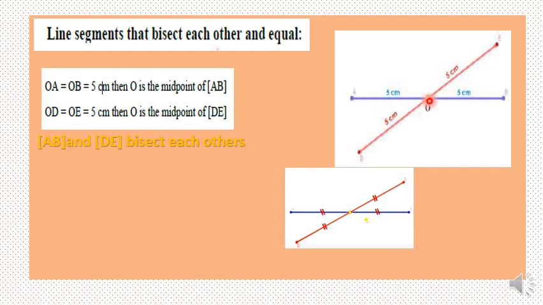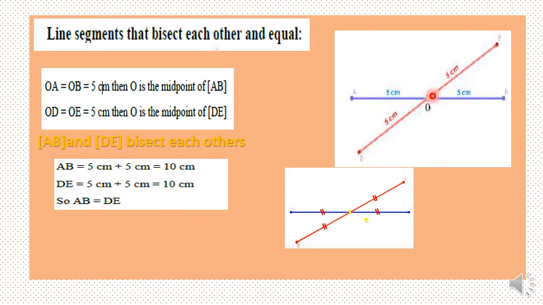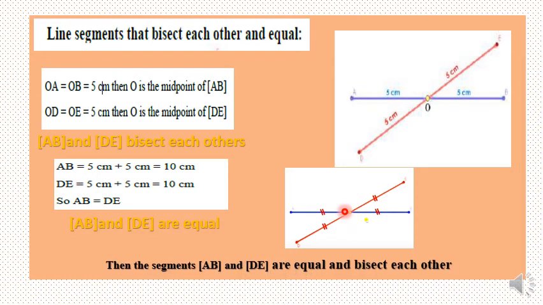But look again. 5 and 5 give me 10. So AB is 10 and DE is 10. So these two diagonals are equal. So I add one property, as you can see here. These two diagonals, AB and DE, are equal in measure, or equal in length, and bisect each other.